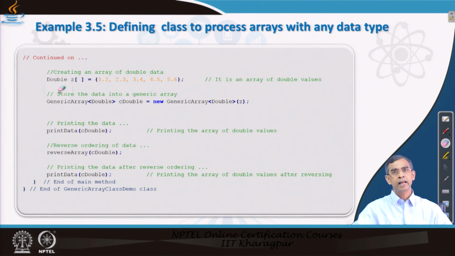Like in the previous last two examples, the object arrays that we have used: Integer with capital I, Double, similarly String, always it should be. If you declare instead simple double, then it will not work. So, you have to pass an object, because in case of a generic class, whatever template you define, this template holds only for objects, not for any general values.